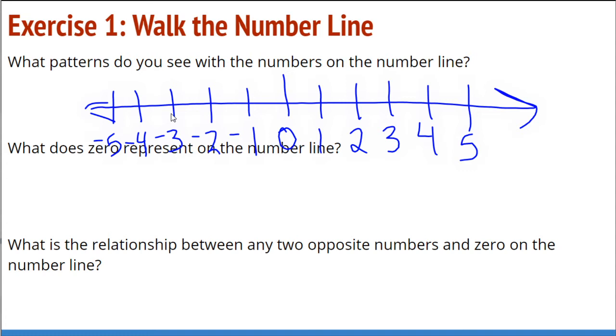In class, most students would notice that we have a 1 and a negative 1, or a 2 and a negative 2, or a 3 and a negative 3, a 5 and a negative 5. They would notice that they're in some kind of order, 1, 2, 3, 4, 5, that counting order from kindergarten or even before.